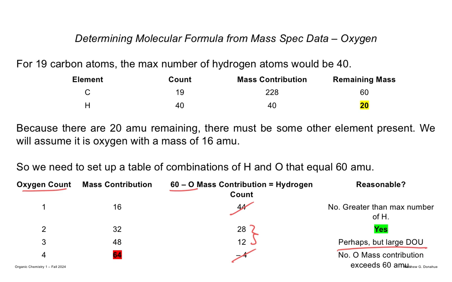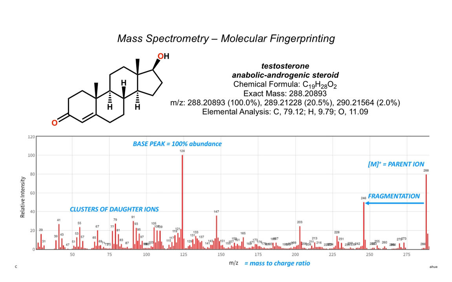So when we now circle back to look at the structure and the mass spectrum, we said there were 6 degrees of unsaturation. We can see there's 4 rings and 2 pi bonds.